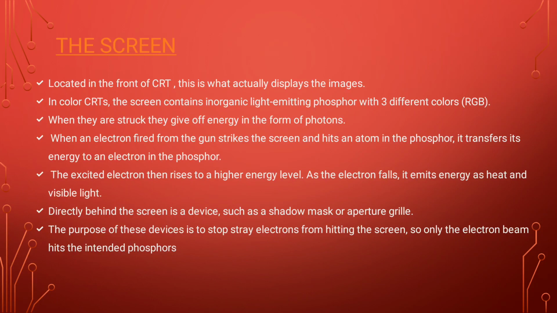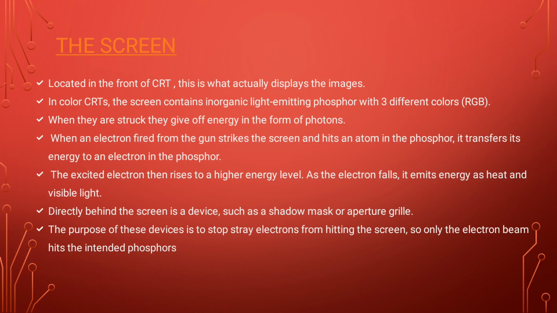As the intensity is increased, the penetration of the color is also very deep. When they strike, they give off energy in the form of photons. When an electron fired from the gun strikes the screen and hits an atom in the phosphor, it transfers its energy to the electron in the phosphor.